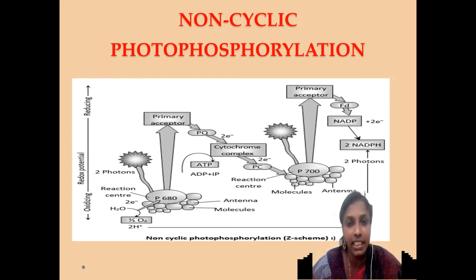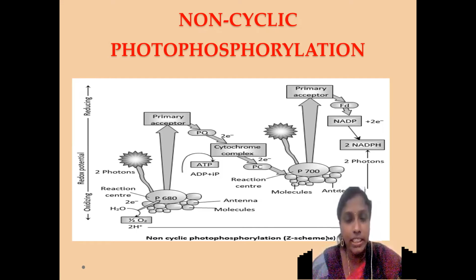The excited electron will be received by the primary acceptor, or electron acceptor, and the electron received by the electron acceptor will move in the downhill direction in a specialized transport system called the electron transport system.